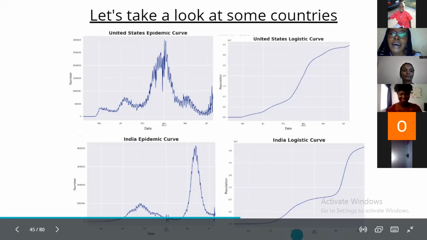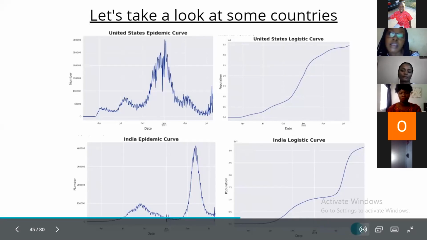So Brenda and Emily are in the US, and they wanted to see how COVID is currently in the US. We can see that initially the cases were very few, but then there was a sudden surge in cases, and measures were put in place, and this led to the reduction of the cases. But we are seeing signs of an upward trend of COVID again.